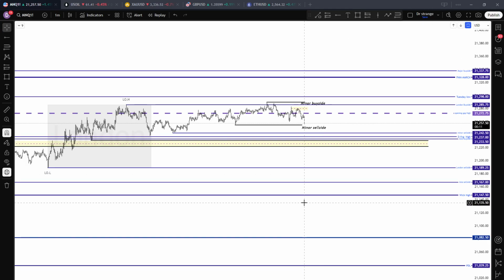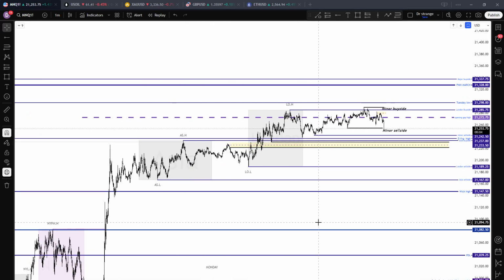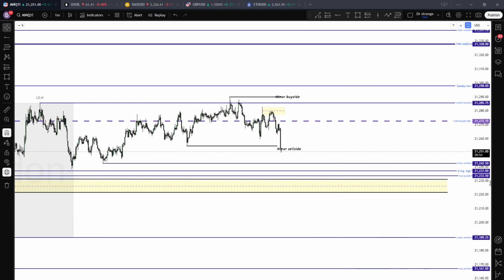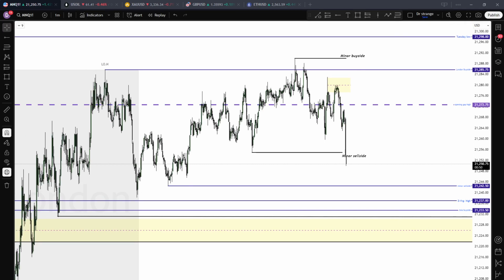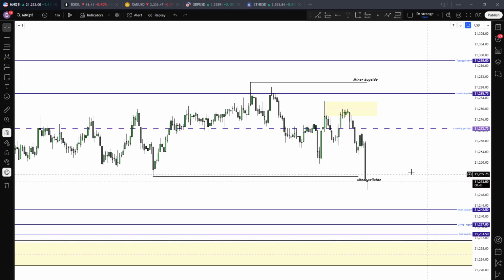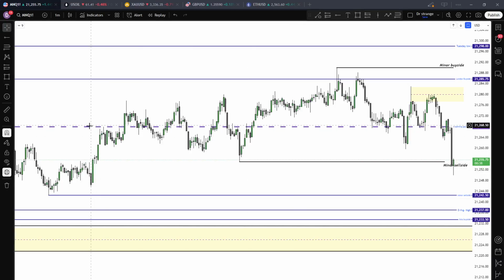At 9:30, we want to target the midpoint, and the midpoint is where we're targeting Asia lows. So for the session, we are looking for sells, looking for sells until we reach the Asia lows. So this one is going to be carried to the 9:30 opening price.